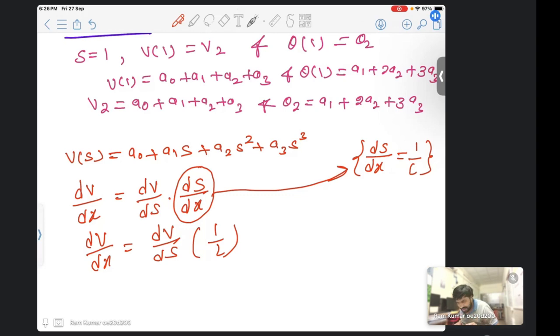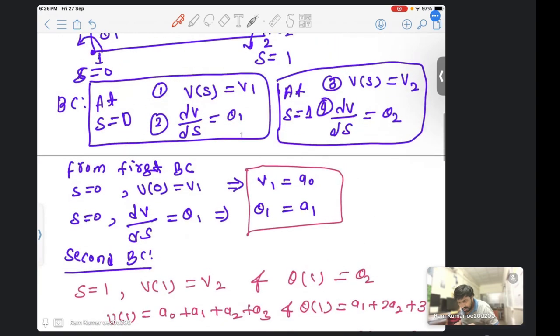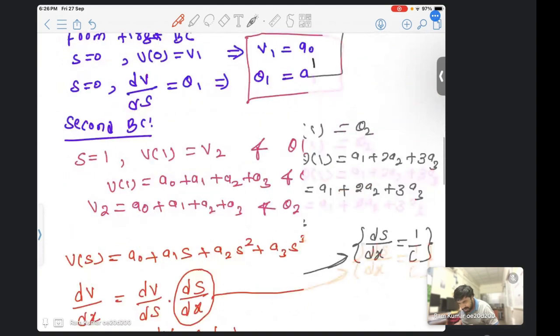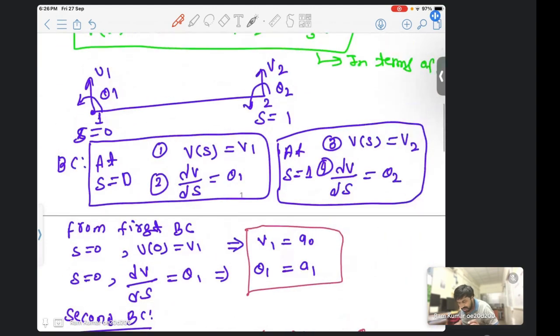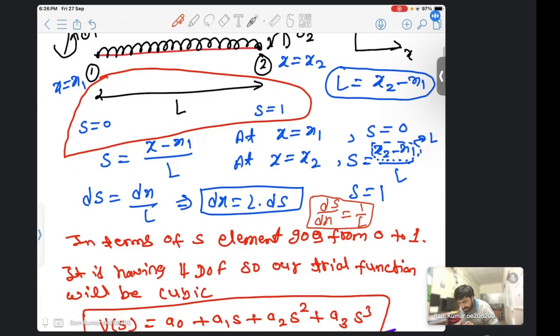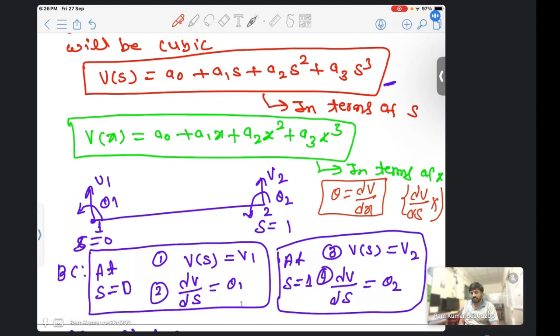So we missed the boundary condition here. Theta is actually equal to dv by dx, not dv by ds, because we are talking about this x coordinate.